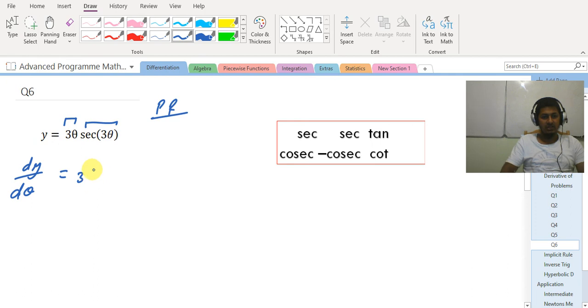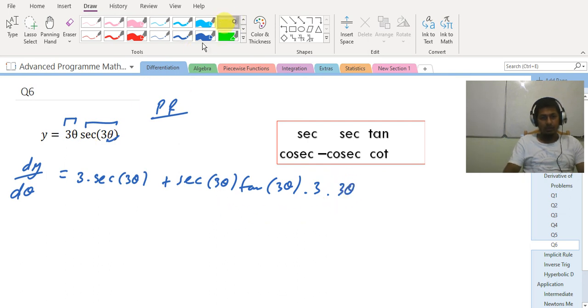So 3 times sec 3θ plus differentiate sec 3θ, I will get sec 3θ tan 3θ times 3, don't forget to multiply by 3, and then times the 3θ.